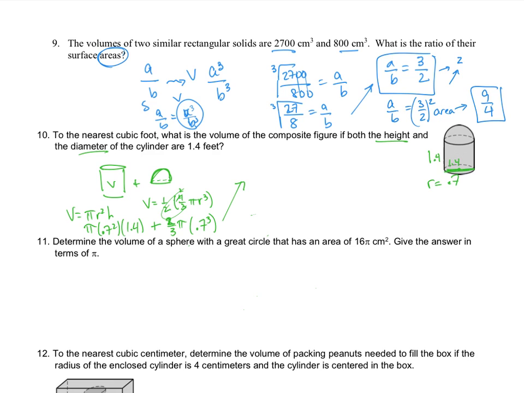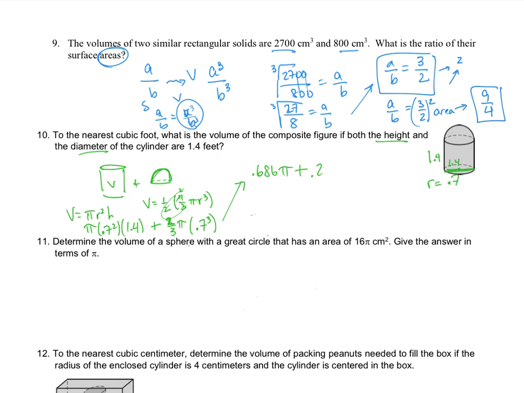So we've got 0.7 squared times the 1.4 gives me 0.686 pi. So 0.686 pi plus 0.7 to the third times 2/3 will give me 0.2287.